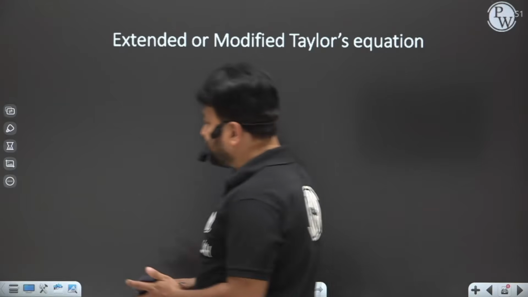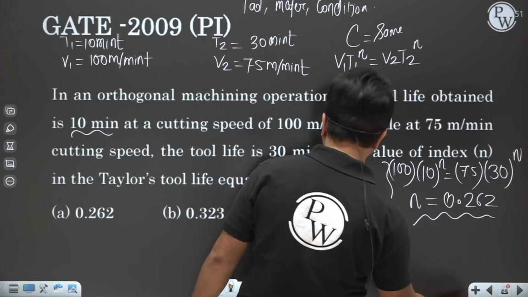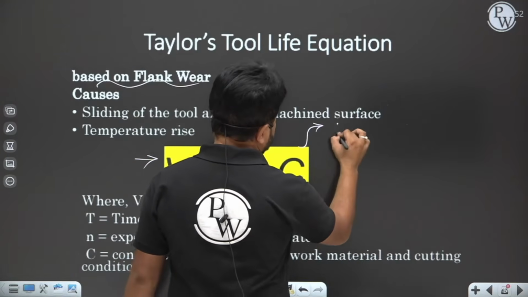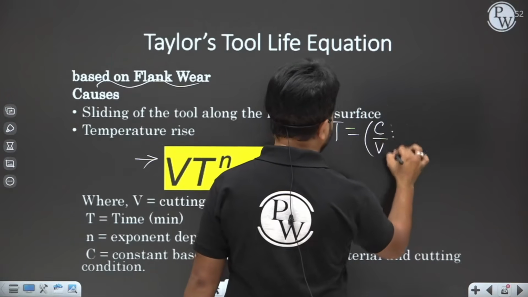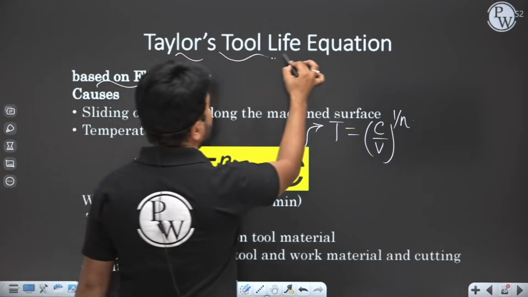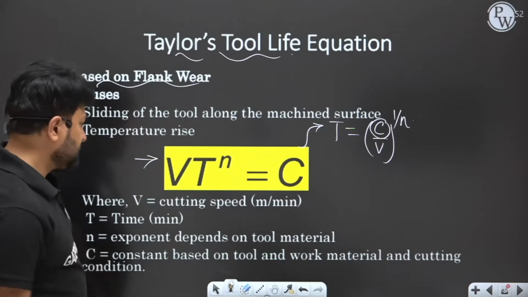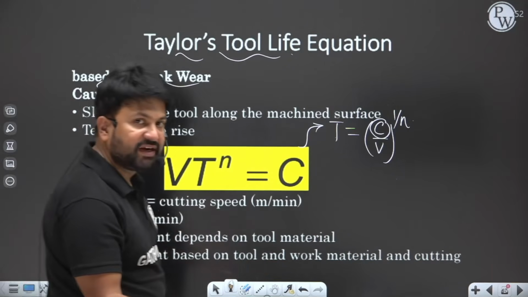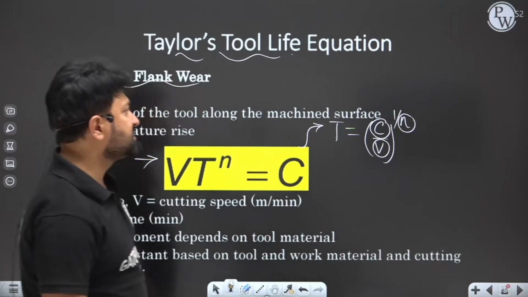Now, the extended or modified Taylor equation. One more thing I will tell you from the previous equation, that the tool life equals C by V to the power 1 by n. According to the tool life equation, the tool life is based on cutting condition, meaning the constant based on tool and work material, type of lubricant, cutting velocity, and the exponent which is based on the tool.